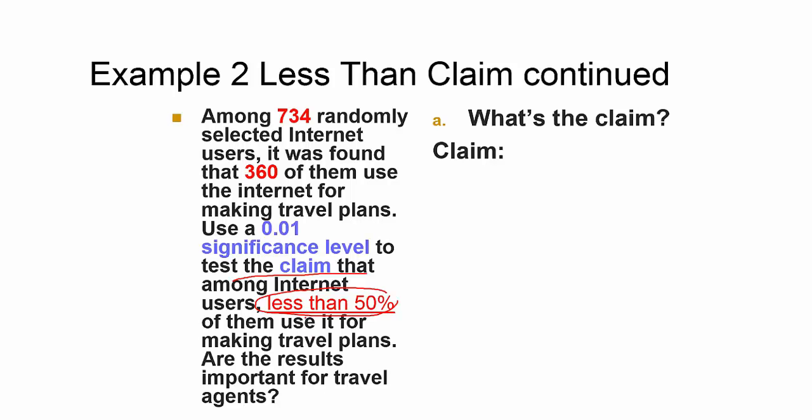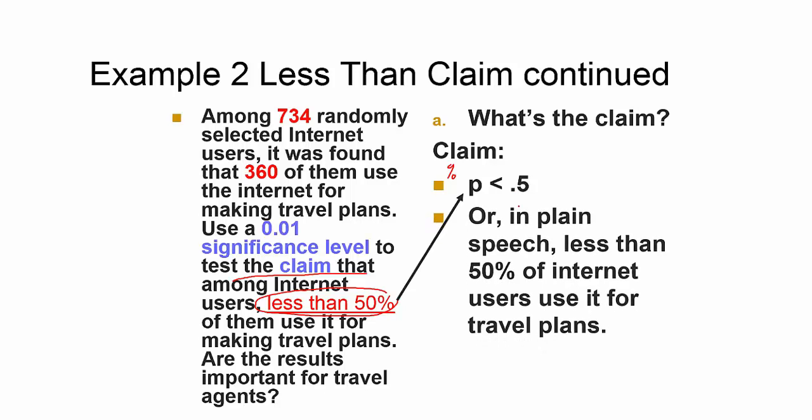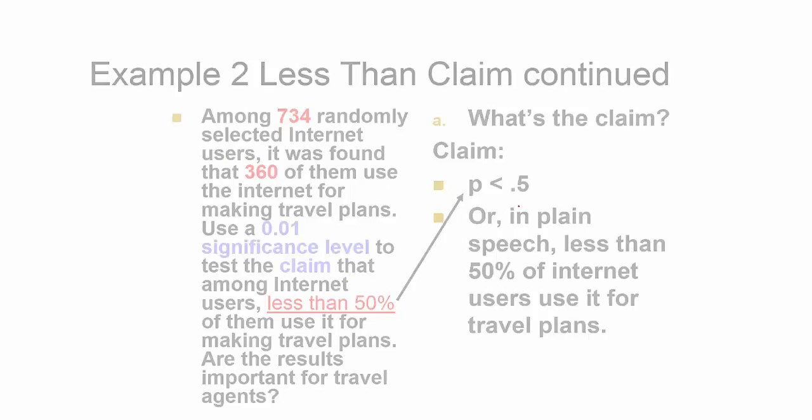So see the less than and see the percent. We use a P because it's a percent, and we use less than, and we convert 50% to 0.5. So my claim is P is less than 0.5. In plain speech, less than 50% of internet users use it for travel plans.